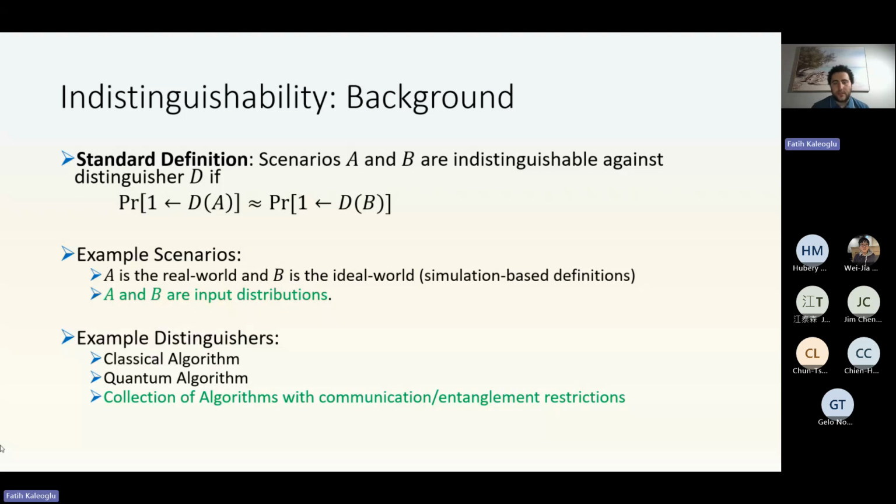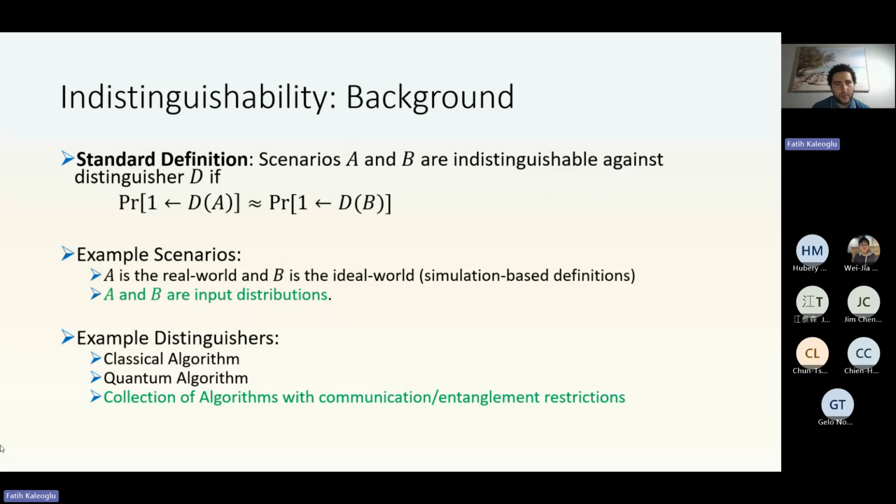And the objects they're distinguishing, which I referred to as scenarios in the slide, could be, if you consider a simulation-based definition, distinguishing some real world from some ideal world. Or in many cases, they could just be distinguishing some input distributions, classical or quantum. In this work, we consider different input distributions of quantum states.